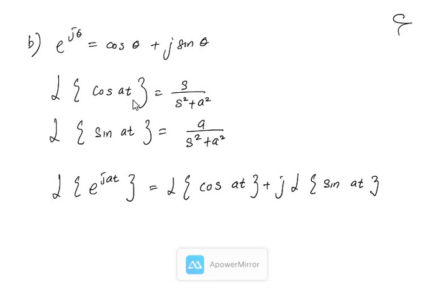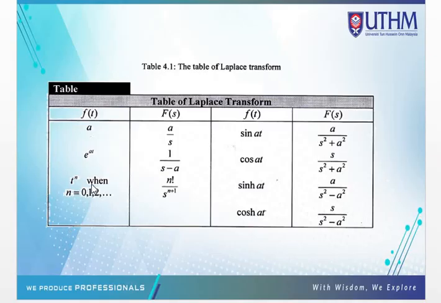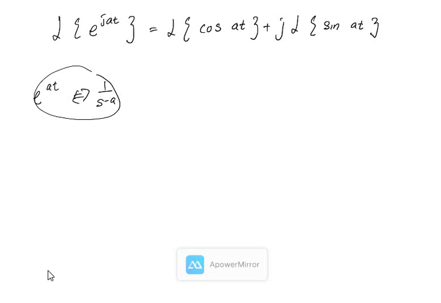And then from the table, we know that the Laplace transform of exponent at is equal to 1 over s minus a. Therefore the Laplace transform of the exponent jat is equal to 1 over s minus ja.